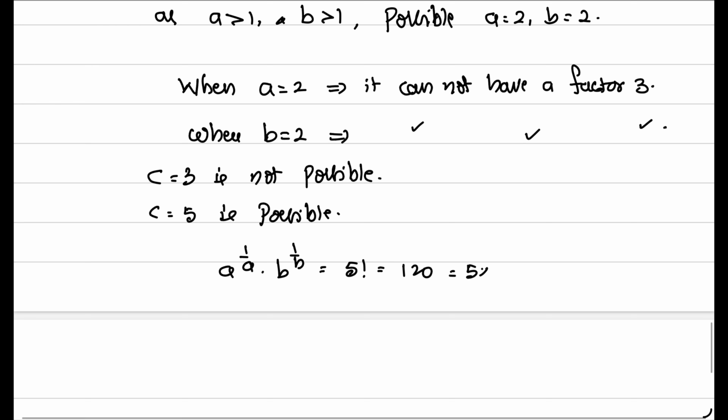This is 5 into 4 into 3 into 2 into 1. The prime is either this is the prime, this is the prime, as per Bertrand's postulate between C by 2 and C.